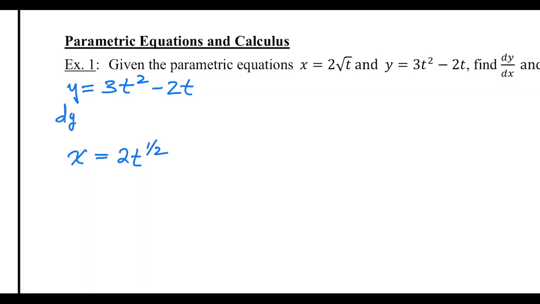So I'm going to say dy/dt is equal to 6t minus 2. All right, so this is ordinary differentiation, not implicit. Don't overthink it. It's just power rule, both cases. All right, so the next one would be dx/dt, would be just t to the negative 1/2.